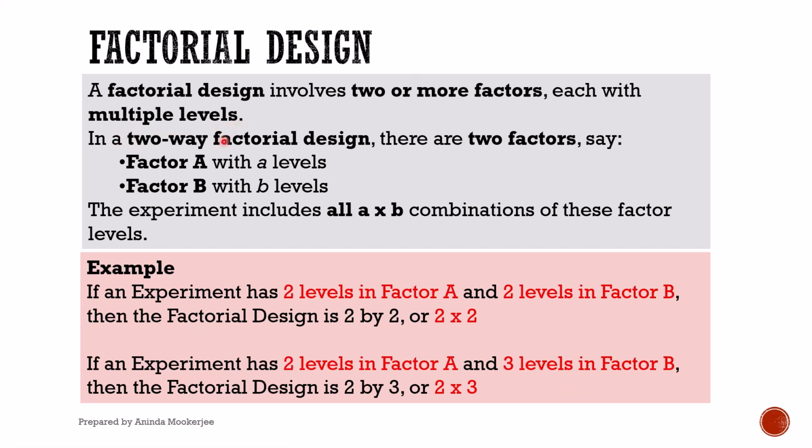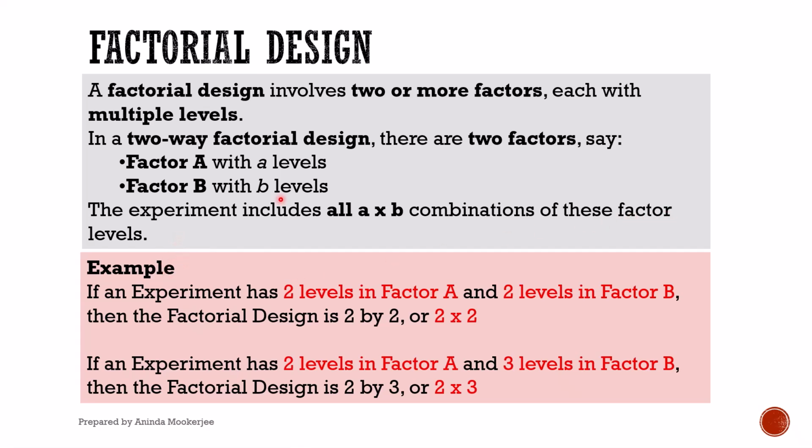So in two-way ANOVA, there are two factors and each factor may have multiple levels. Factor A may have A number of levels, factor B may have B number of levels, and therefore we say the experiment includes A times B combinations of these factor levels.